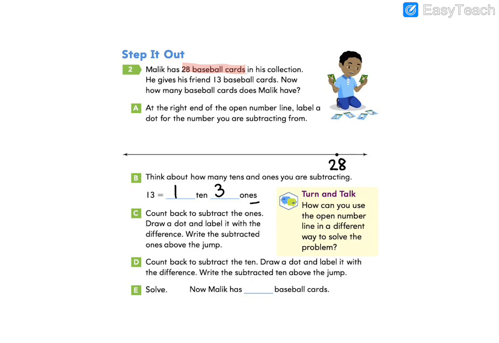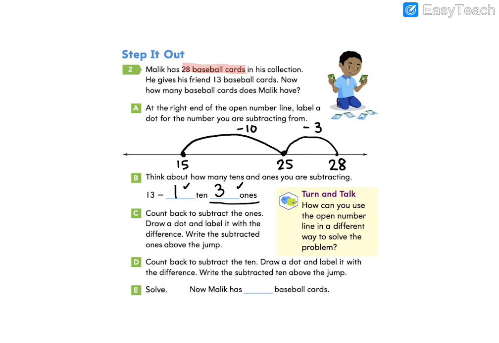We're going to subtract 3 ones. So I need to think, what is 3 less than 28? 3 less than 28 is 25. So I'll show that I subtracted 3. Now I've subtracted the ones, I need to subtract my 1 ten. 10 less than 25 is 15.